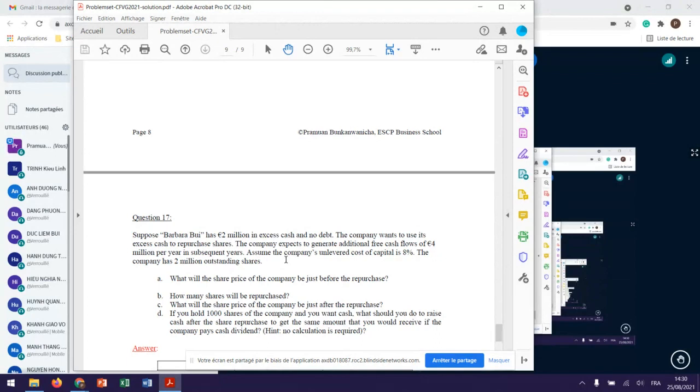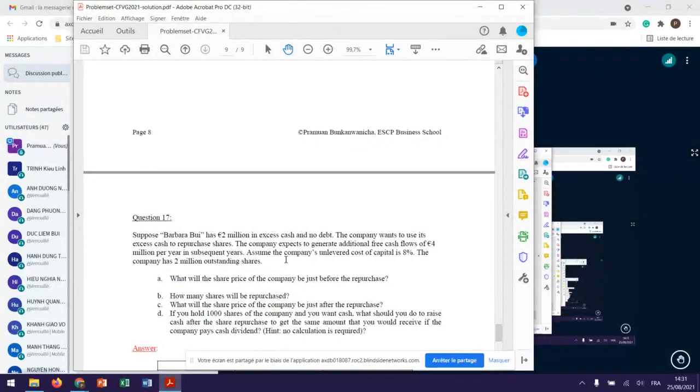So what you have to do is to calculate the total value of the firm. You have 2 million cash, and the 4 million per year without growth, because this is free cash flow, 4 million per year forever.